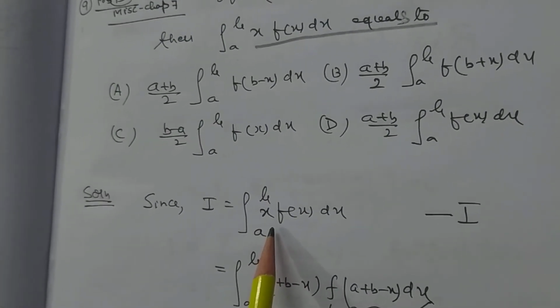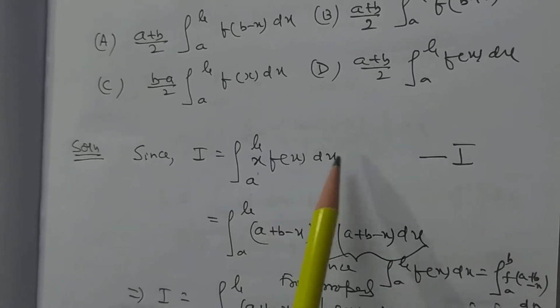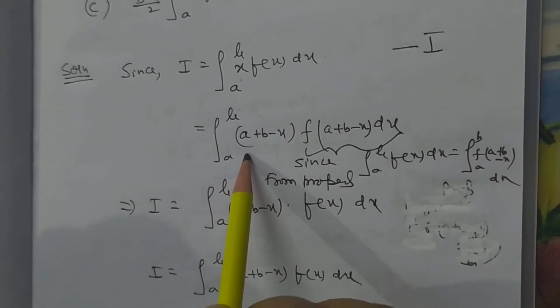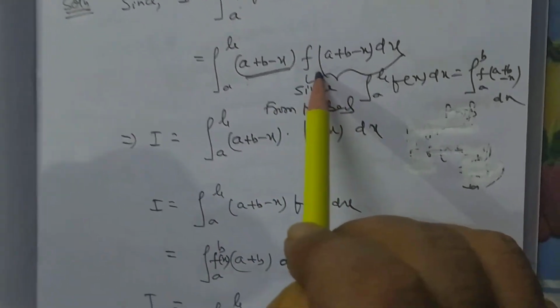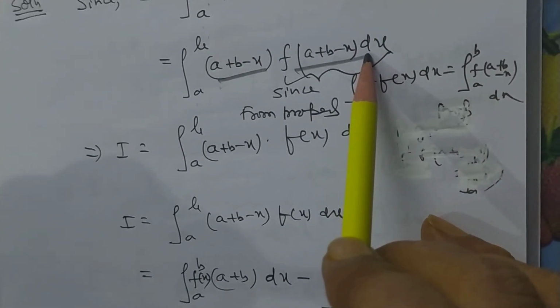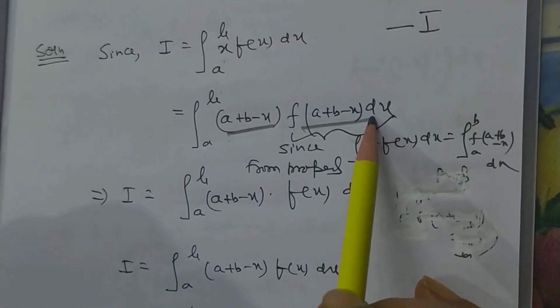How will you solve the problem? We first write the problem: the integral from a to b of x f(x) dx. And now you write the integral from a to b of (a plus b minus x) f(a plus b minus x) dx. Put here x is equal to a plus b minus x.